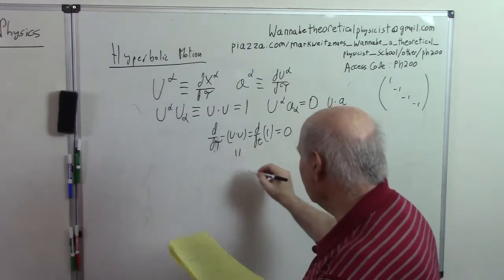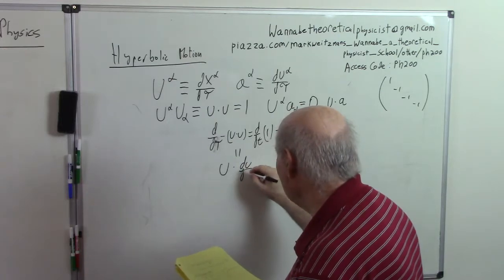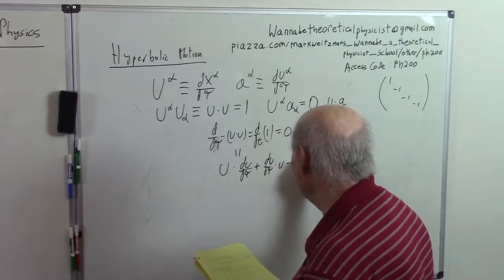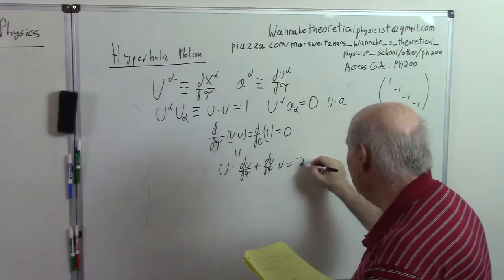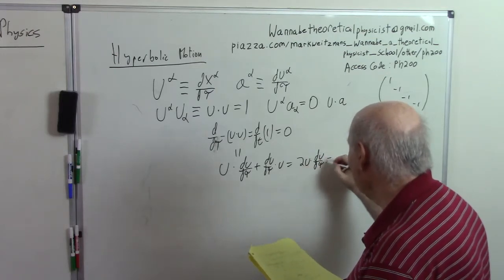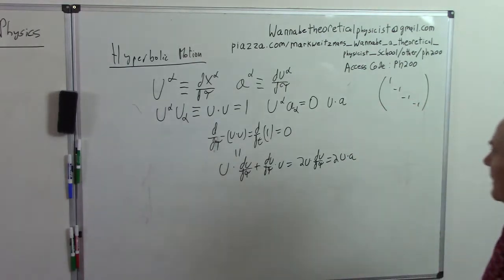But it's also equal to u dot du/d tau plus du/d tau dot u, which is equal to 2u dot du/d tau, which is equal to 2u dot a. That's what I wanted to show.